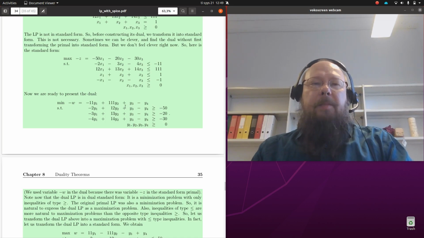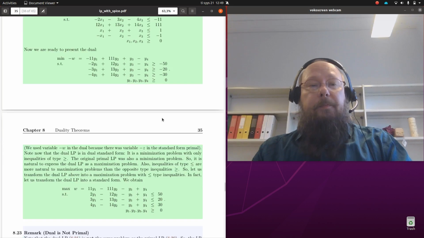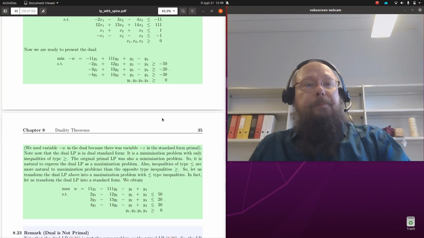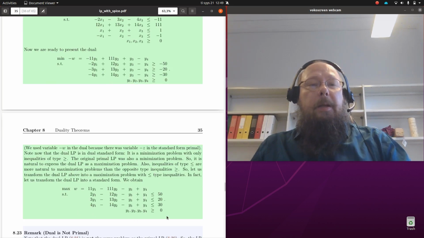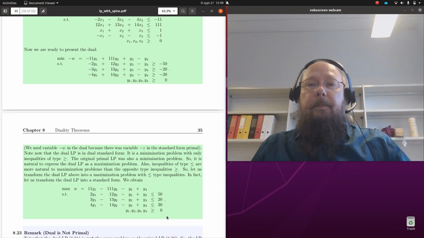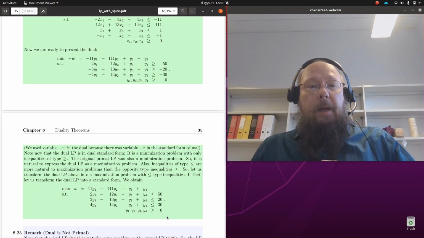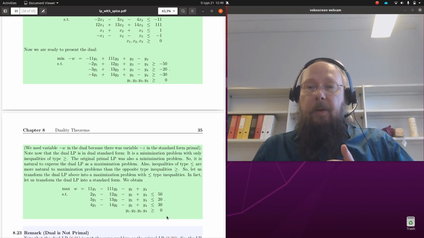If we multiply everything here by -1, these become upper bounds and the negative signs disappear. So this can be written like this. Okay, and now I think this fits better to the whole picture.